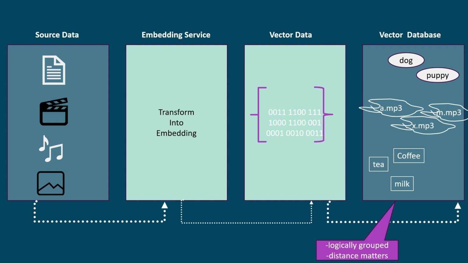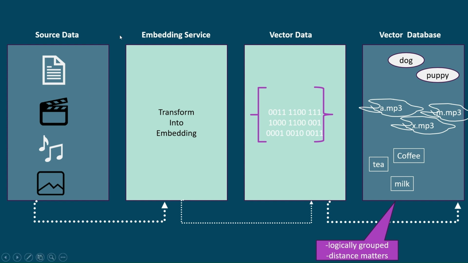Here you could see how the semantic database search works. Let's see how the vector database is built. On the left, you have source data, which may be either a Word document, a movie, an audio, or an image.